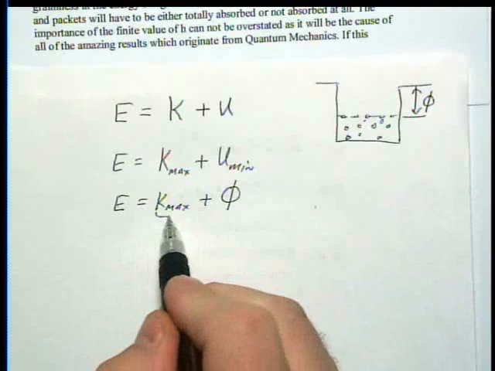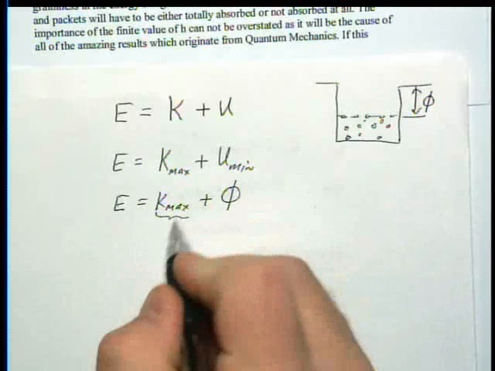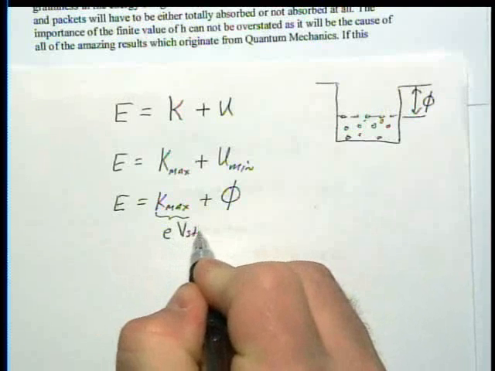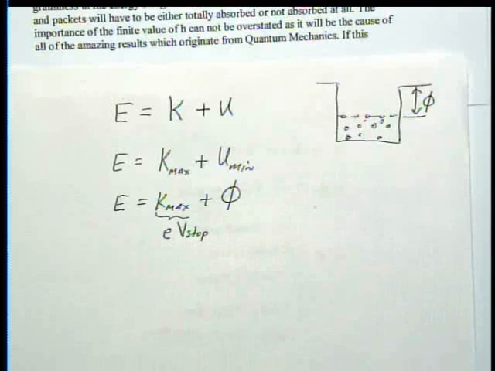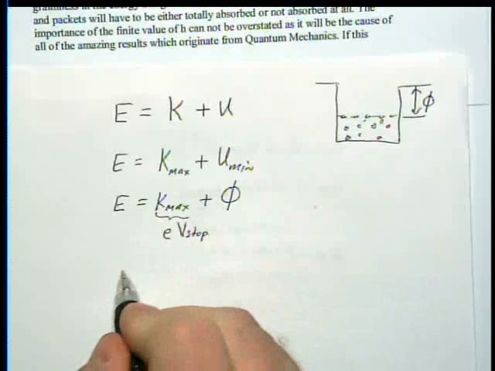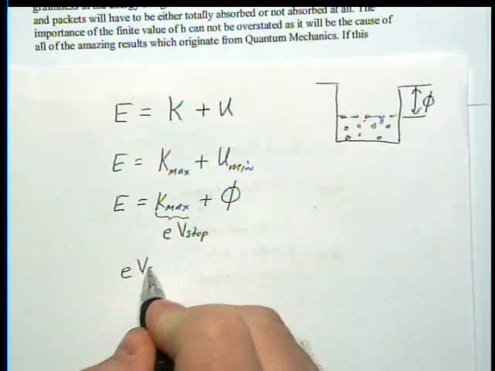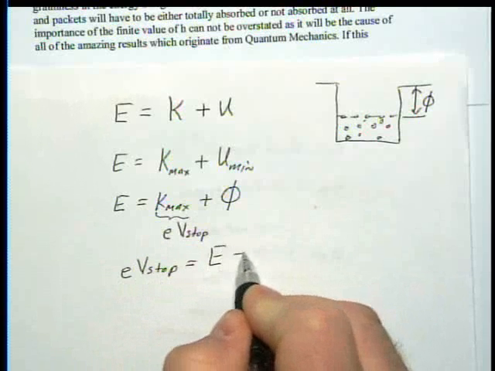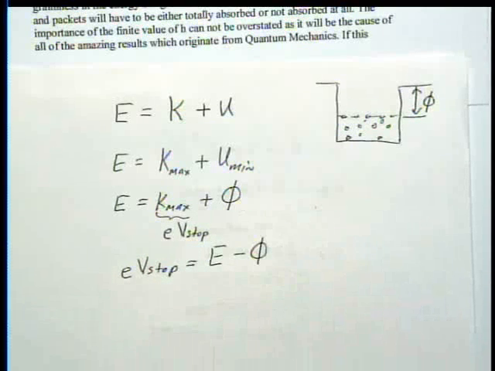We said we were going to measure this by e times V stop, using a battery to measure the stopping potential, the voltage at which all of the electrons get stopped, and my current goes to 0. So if I rearrange this equation, I have eV stop equal to the total energy minus the work function.